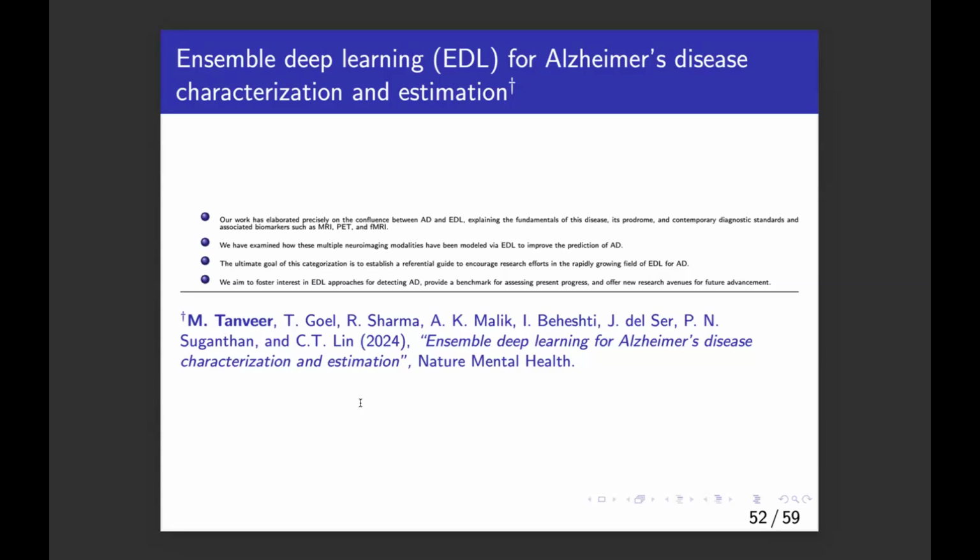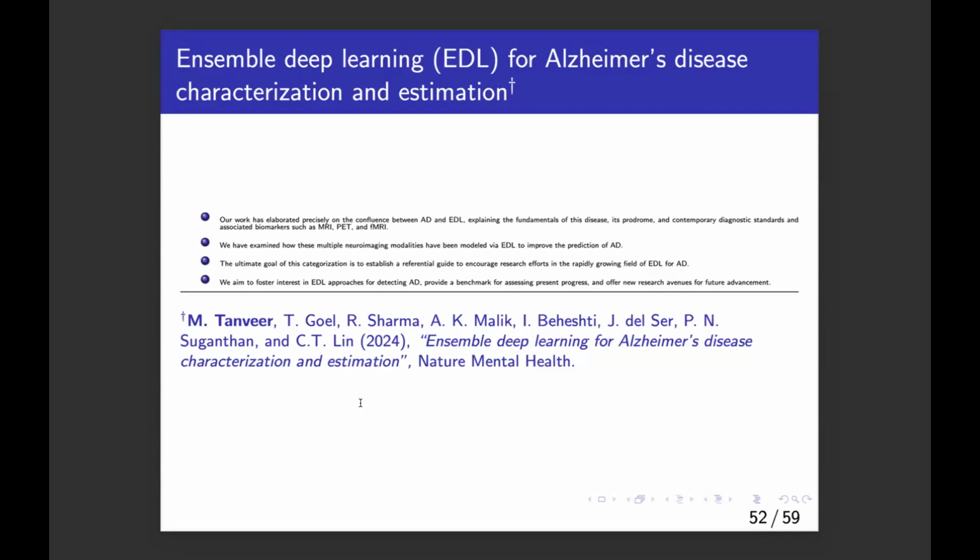Alzheimer's disease is most common in individuals aged 65 or more, and it causes cell damage and death in critical brain areas. So it impacts memory and cognitive functions.